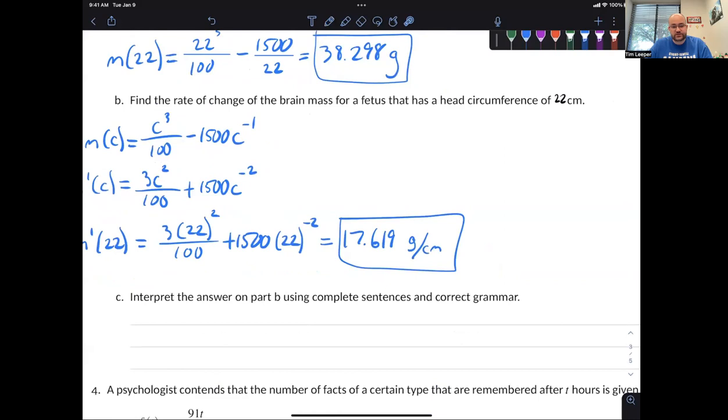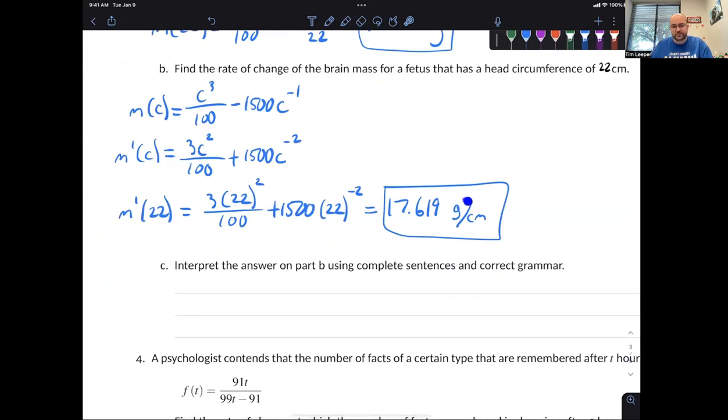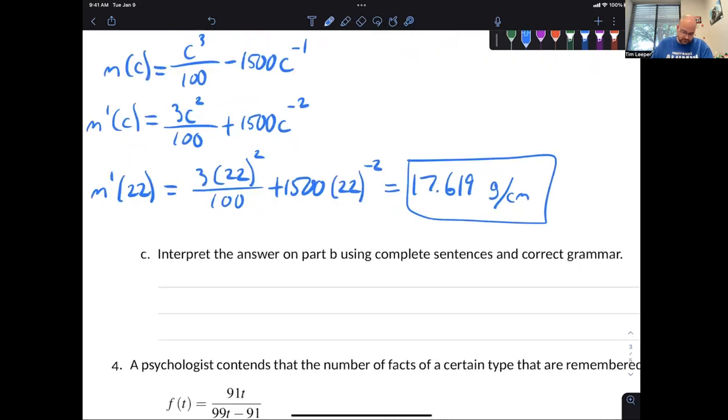So C is asking us to interpret the answer on part B using complete sentences and correct grammar. Because the units here are grams per centimeter, and this is a positive 17.619, what this is telling me is that the mass in grams of going from 22 centimeters to 23 centimeters will increase by approximately 17.619 grams. So let's write that down.